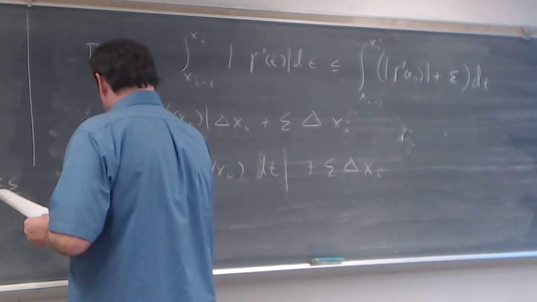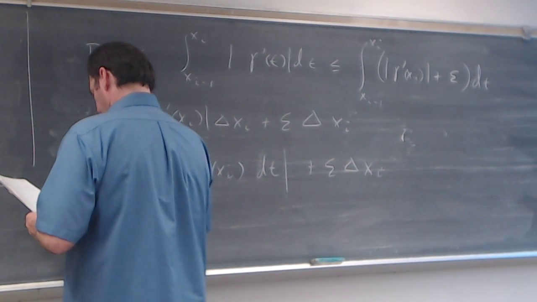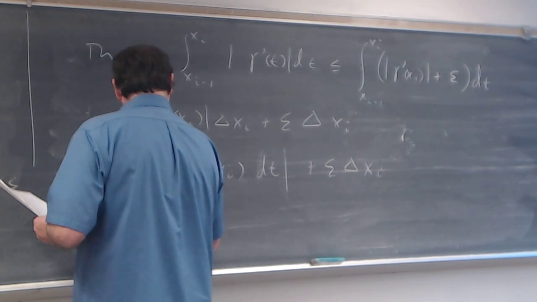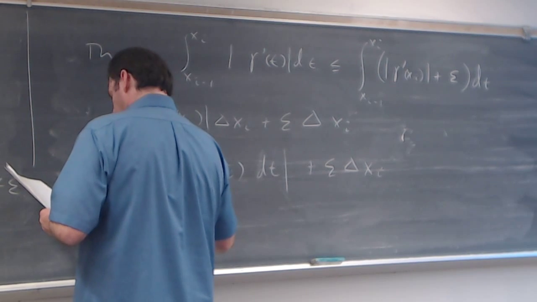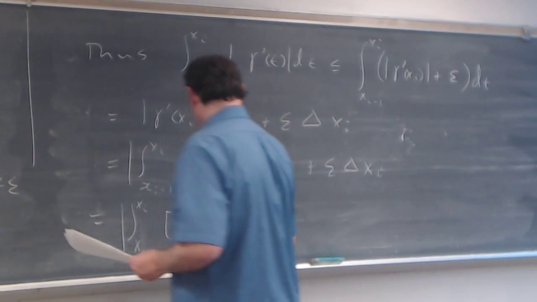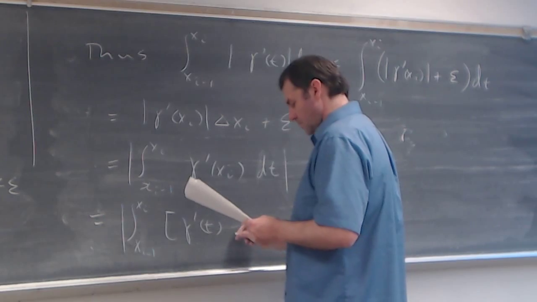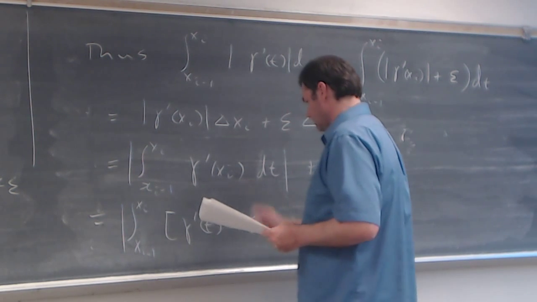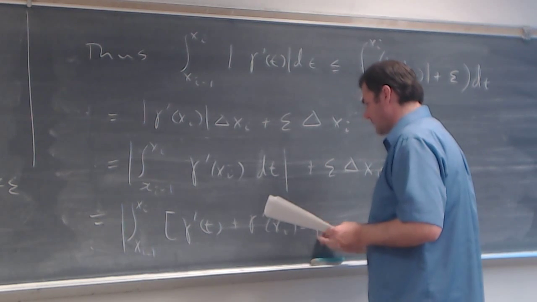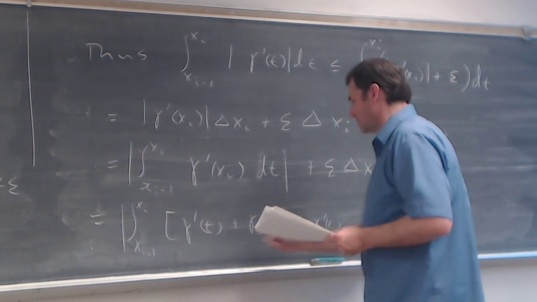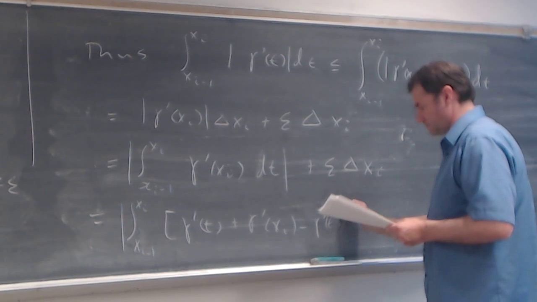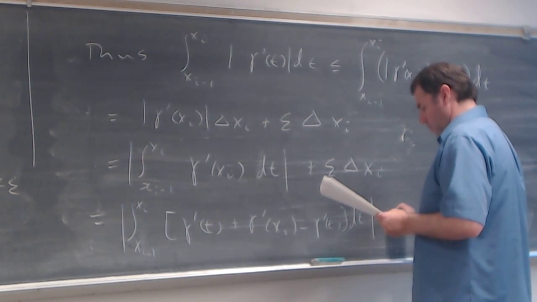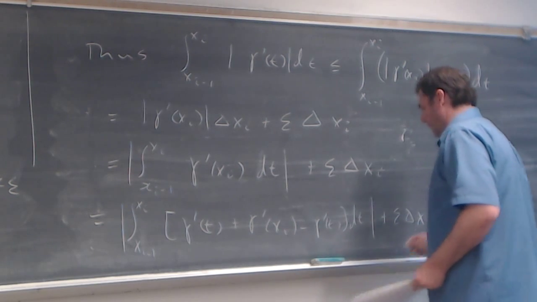But that's equal to the norm of the integral from x_{i-1} up to x_i of gamma prime of t. So I'm going to introduce gamma prime of t, plus gamma prime of x_i, that guy's already there, minus gamma prime of t. So I've added gamma prime of t and subtracted it. dt in its norm plus epsilon times delta x_i.